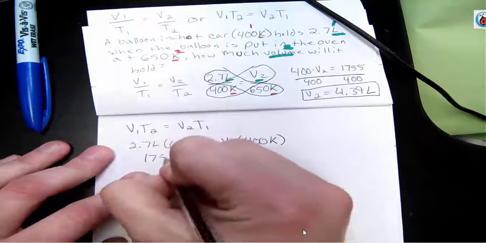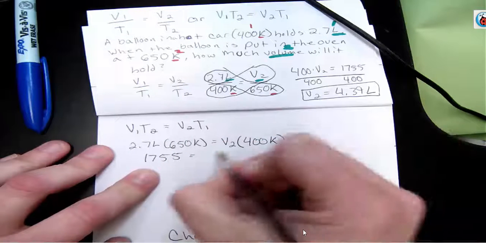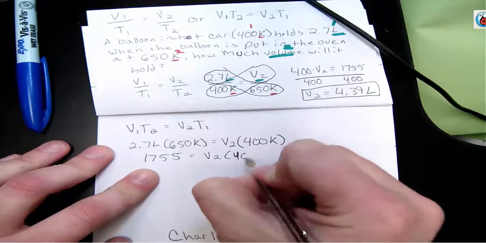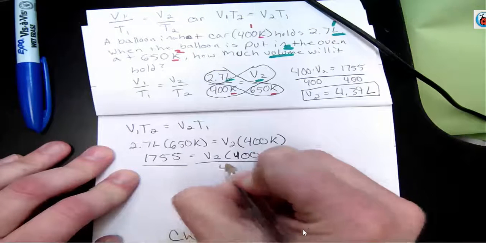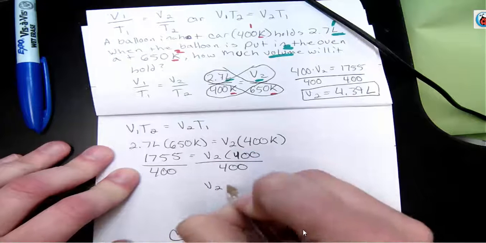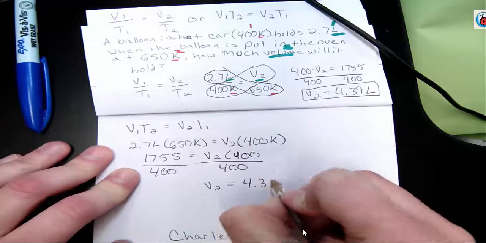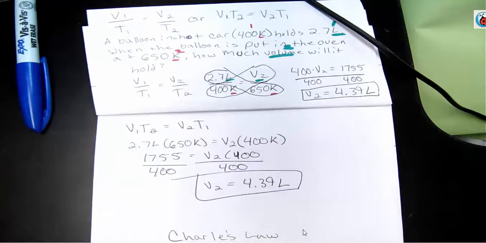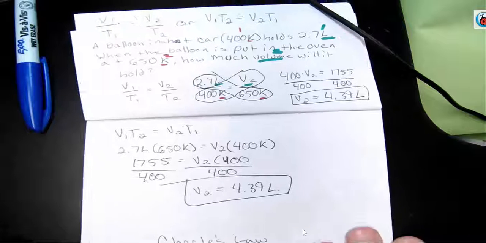This is 1755 like it was before. Then divide by the 400. And you can see we get the exact same answer. Okay, so that, like I said, was ideal gas law and Charles's law.